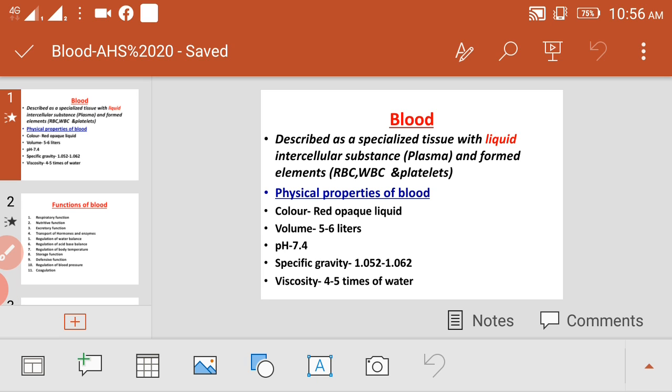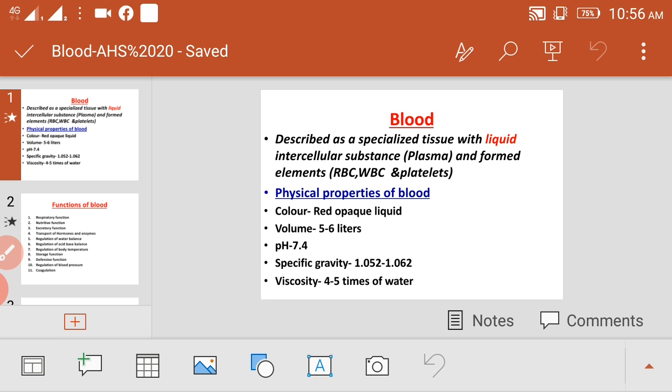It means blood is a liquid content mainly containing the plasma and RBC, WBC and platelets. So RBC, WBC and platelets are the blood cells: red blood cells, white blood cells and platelets.